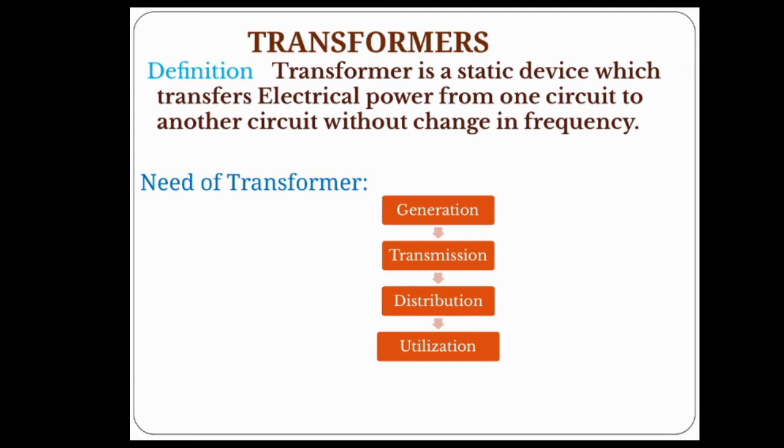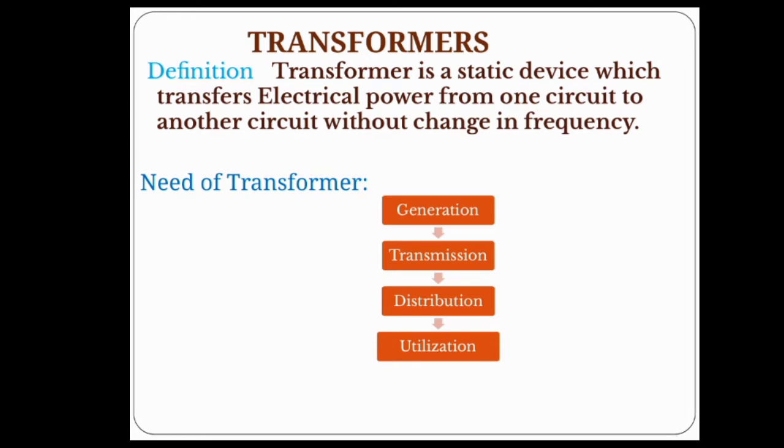So in the distribution network, that stepped up power, 132 kV, has to be stepped down to 33 kV, like that. While coming to utilization, that 33 kV must be stepped down, because in our home we regularly use power in the range of 230 volts or 420 volts. So that high voltage must be stepped down to these levels.